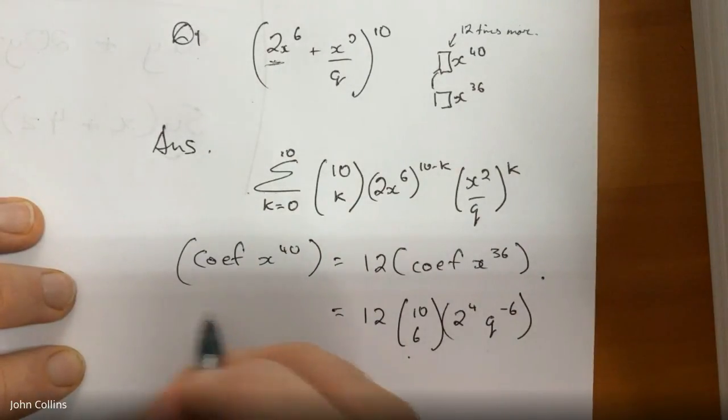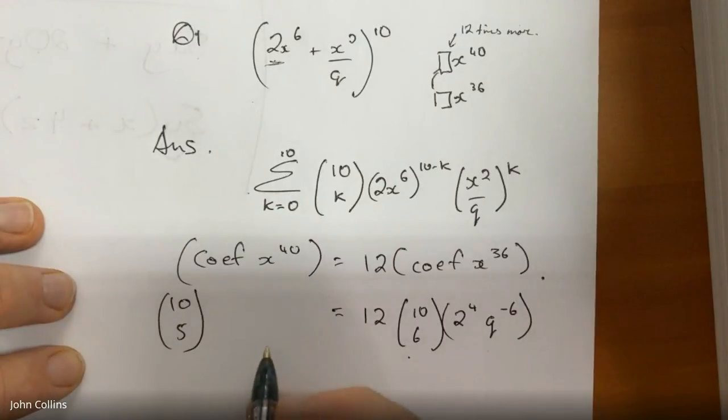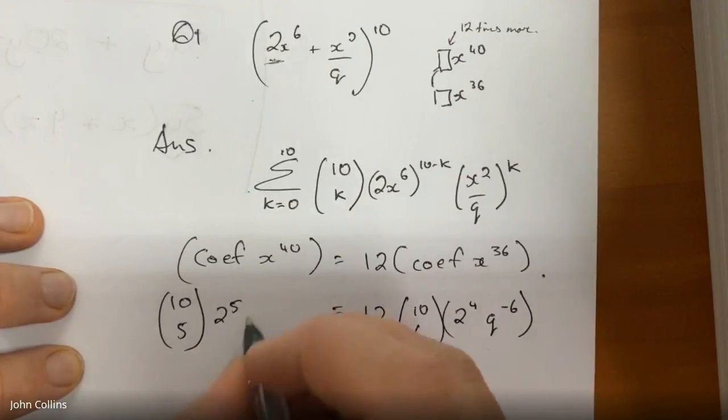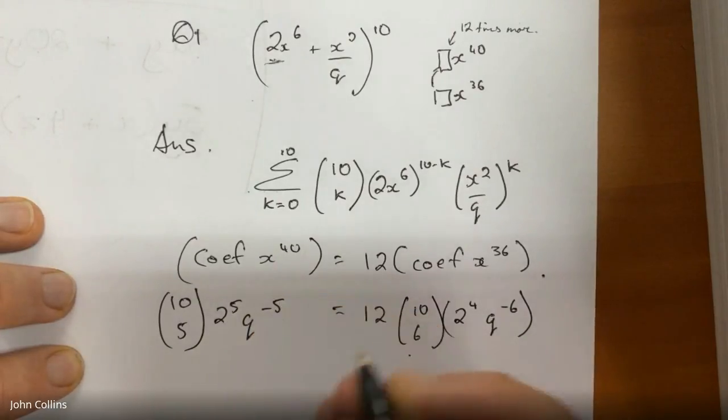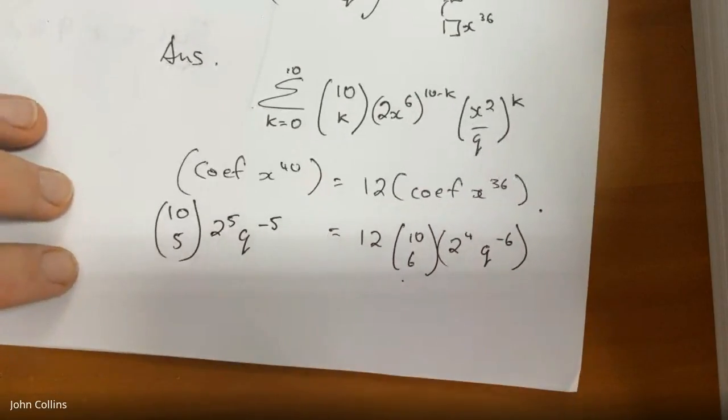Hopefully you followed that. It wasn't very well explained, but 10 choose 5 on this side then. Hopefully you found that, and that's going to be 2 to the 5, and then q to the minus 5, because it's going to be the 5th or 6th term in the expansion.